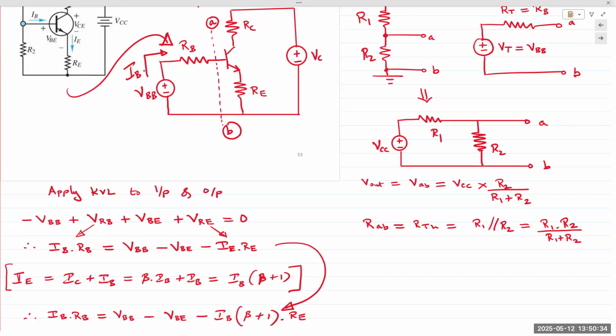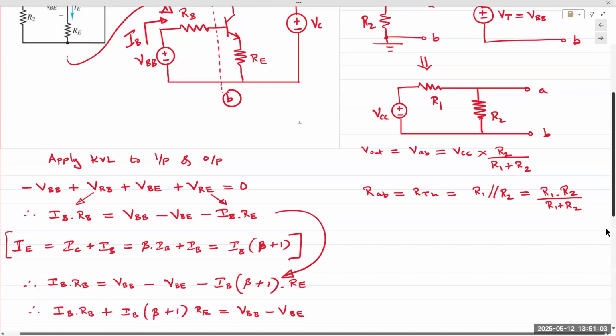It would be IC and or VCE on the output side in terms of the input quantities. Input quantities would be VBB, VBE, and or IB. So we want to obtain an expression for IC or VCE in terms of VBB or IB. So that's what we're trying to do.